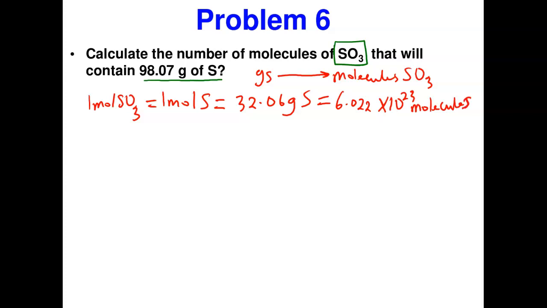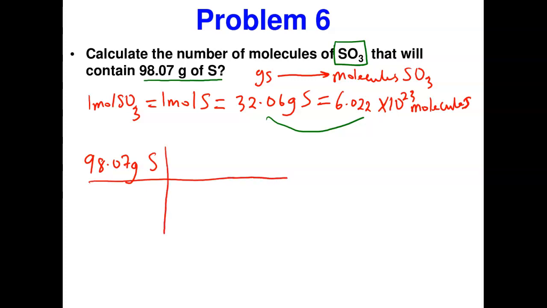So what that only tells us is that now we got what we want. From grams of sulfur to molecules of sulfur trioxide, this is exactly what we have here. That conversion unit is what's going to serve us. So we start again from what we were given. We're going to start with this mass, 98.07 grams of sulfur.